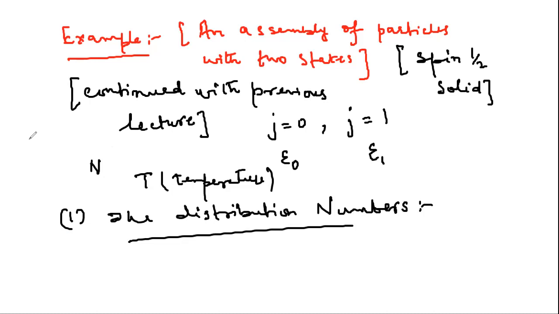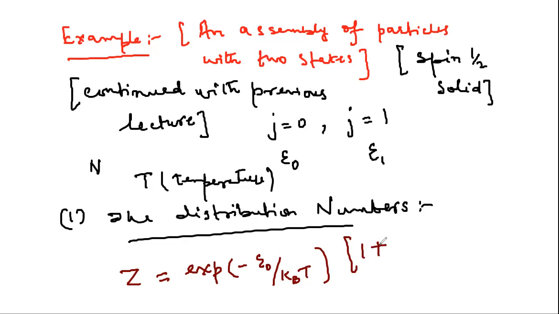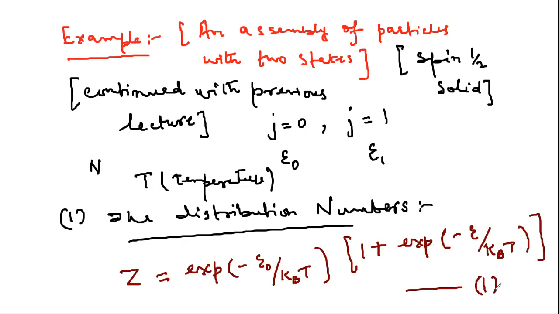Let me use this color. So we wrote the expression for the partition function as Z equal to exponential of minus epsilon naught over k_B T, times 1 plus exponential of minus epsilon over k_B T. In the last lecture, we named this as equation 1.